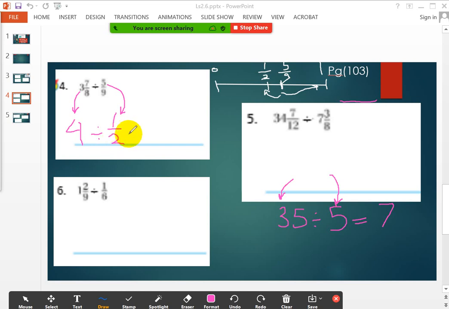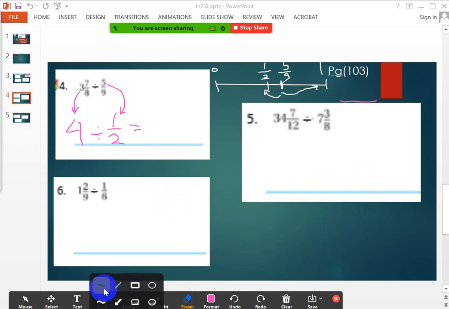And yesterday we talked about how to divide a whole number by 1/2, right? Yes. What is the answer? It will be what? 8. Very good. It will be 8. Thank you so much, Lena. Thank you, dear. Very good.